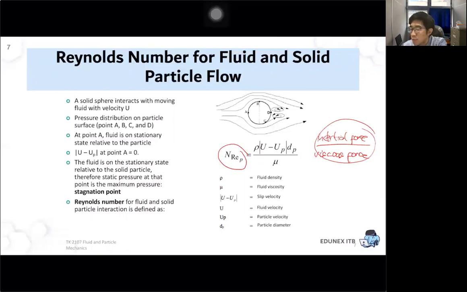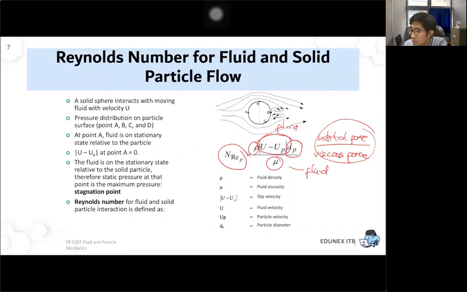But to calculate the particle Reynolds number, it will be different from the fluid Reynolds number, because the diameter that influences will be the particle diameter, and the density and the viscosity are of the fluid. This one is also fluid, and the velocity is the slip velocity.